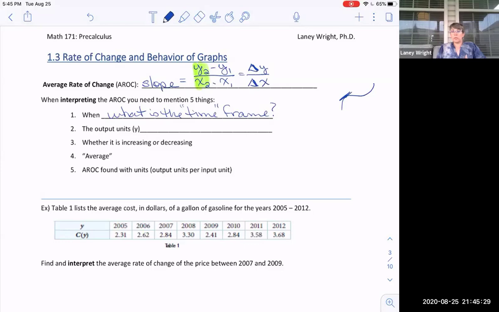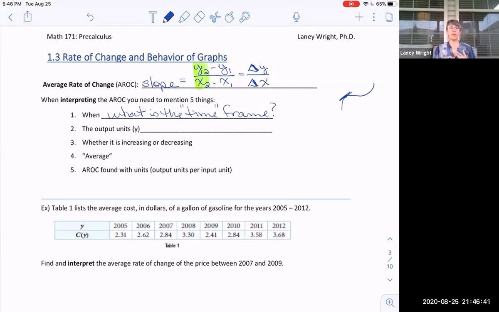If your 2 points, they say, how much has your salary changed, or what's your average rate of change in salary between 1950 and 2010, you would have to state in your interpretation what time frame you're looking at. Between 1950 and 2010, the average rate of change in salary increased by this much per month or this much per year.